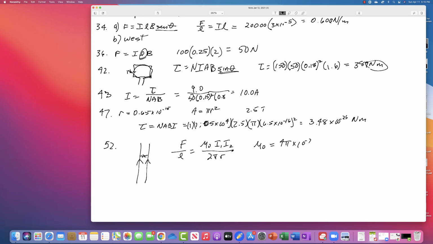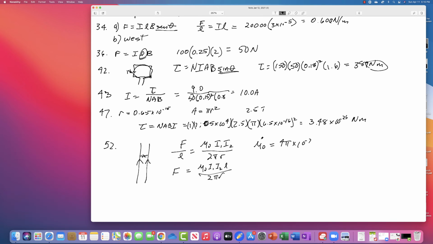Okay, so if you know one of these and you need to know the other, and you know the distance here. So the force, since they give you a length of it, the force is going to be equal to mu0 I1 I2 L over 2 pi times the distance.